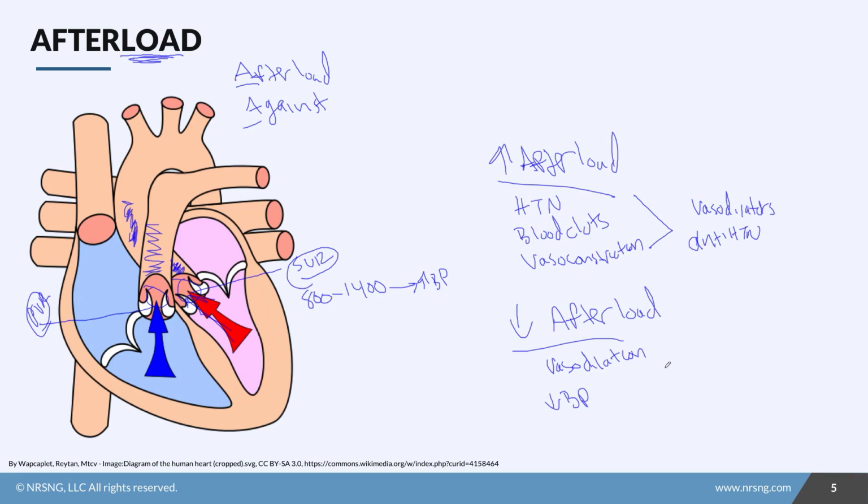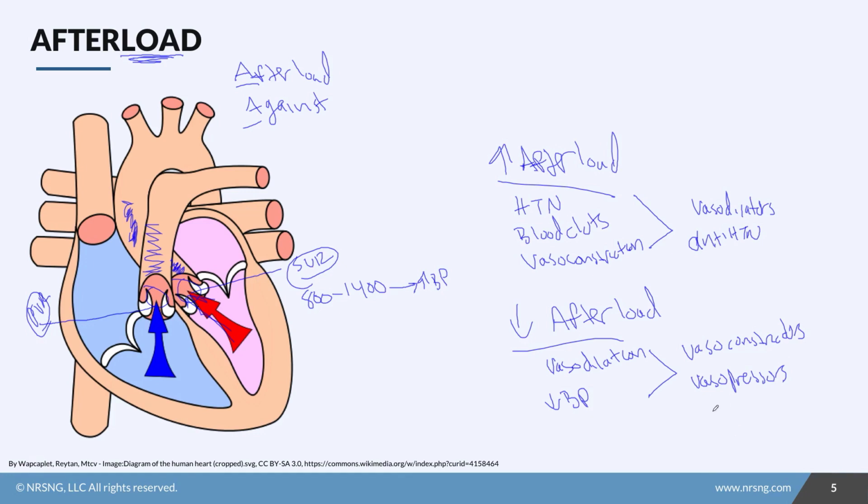So first, we want to treat the cause, but we can also give things like vasoconstrictors or vasopressors like norepinephrine, epinephrine, neosynephrine, or vasopressin. This will increase their afterload and therefore their blood pressure.